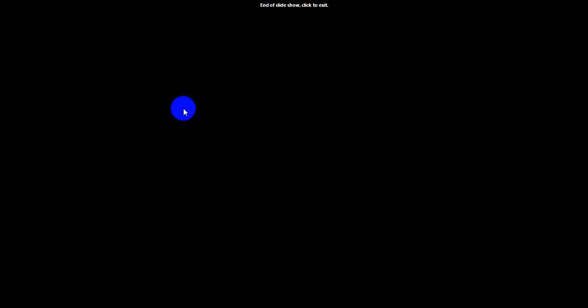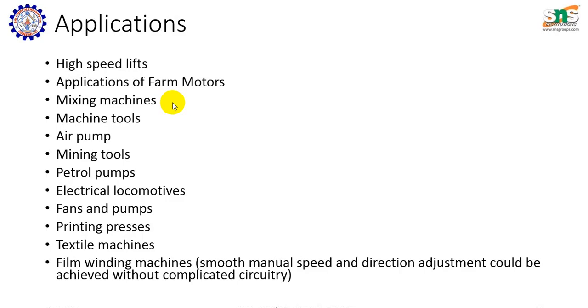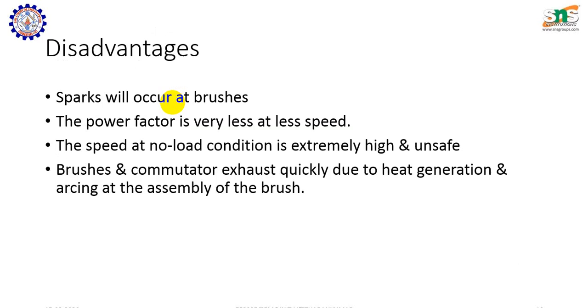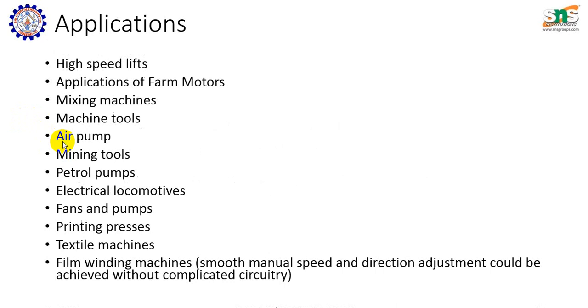So these are the applications of the repulsion motor, and due to its disadvantage, the speed at no load condition is extremely high and unsafe. The application of the repulsion motor is limited when compared to a linear induction motor or hysteresis motor. Okay, thank you.